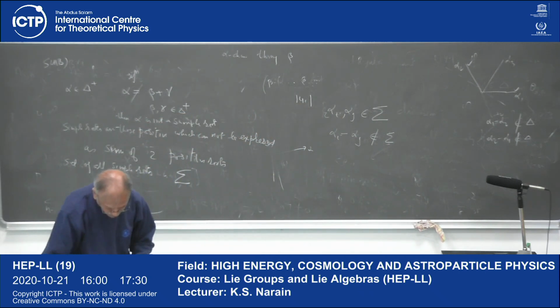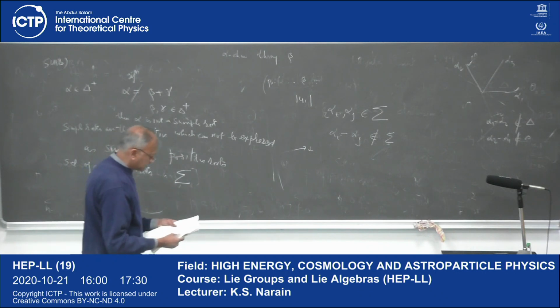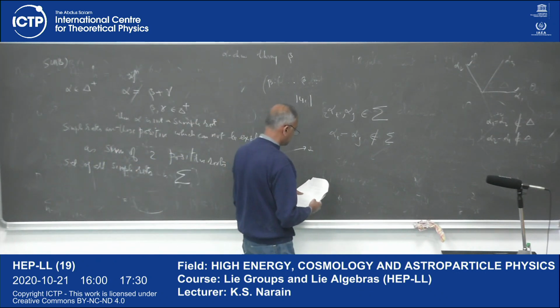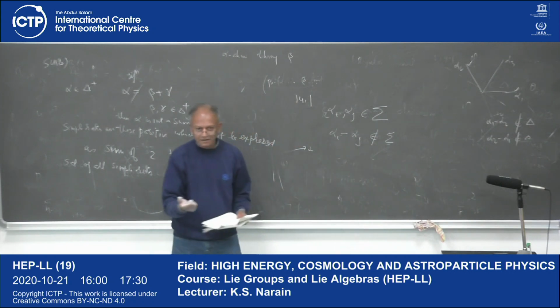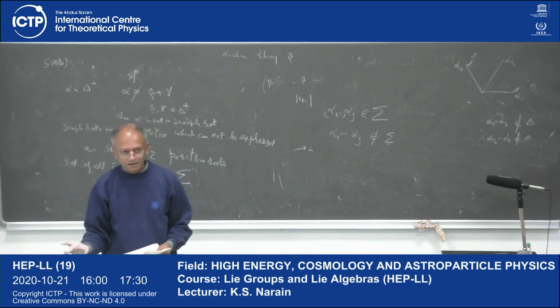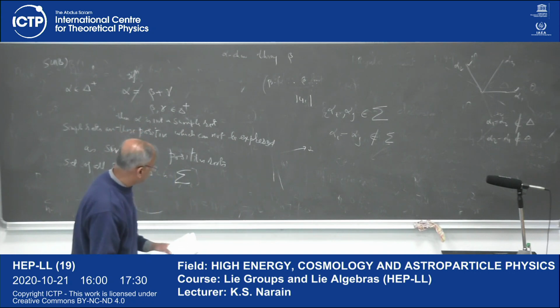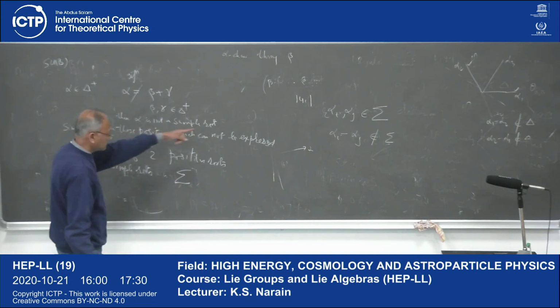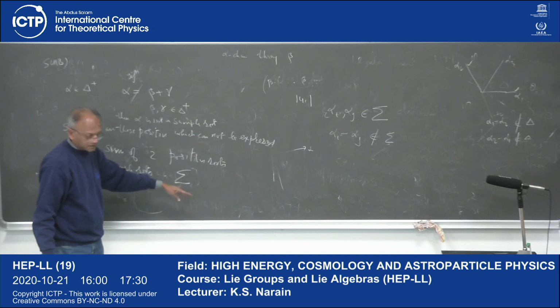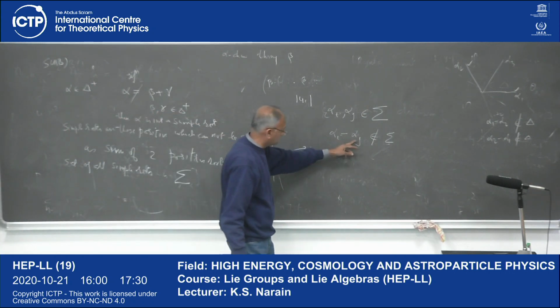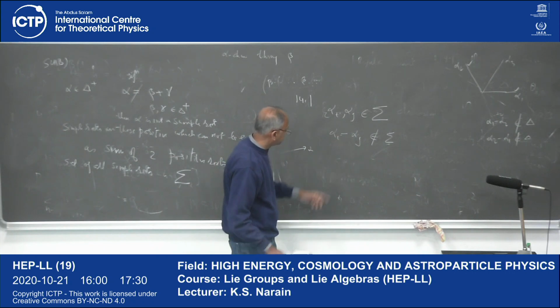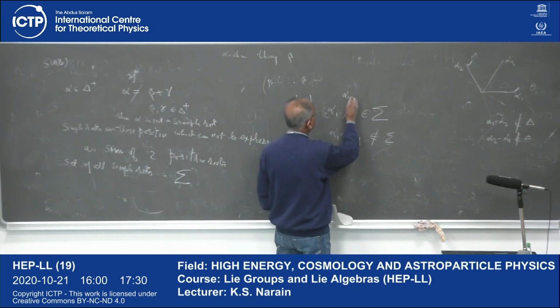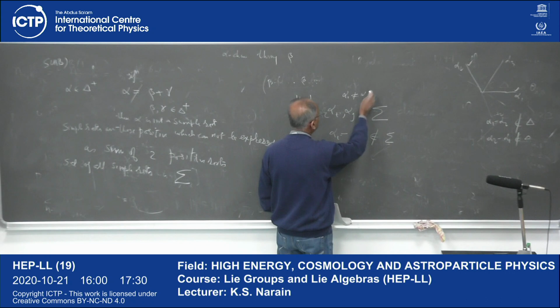So let's go through the proof quickly. First of all, alpha i minus alpha j cannot be 0. These are all different simple roots, so alpha i is not equal to alpha j. If it was equal, then of course it would be 0, but I'm talking about two different roots, so i is not equal to j.